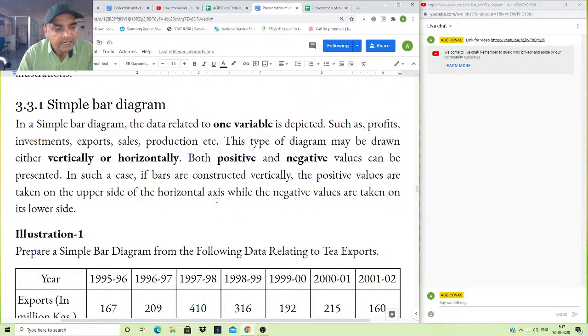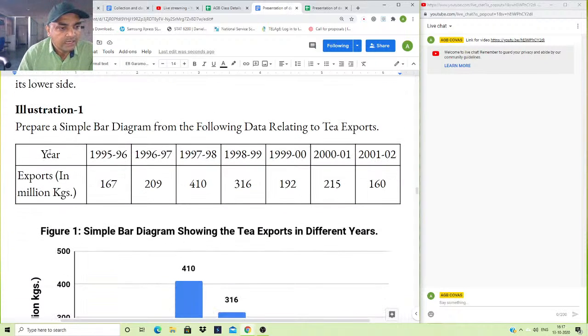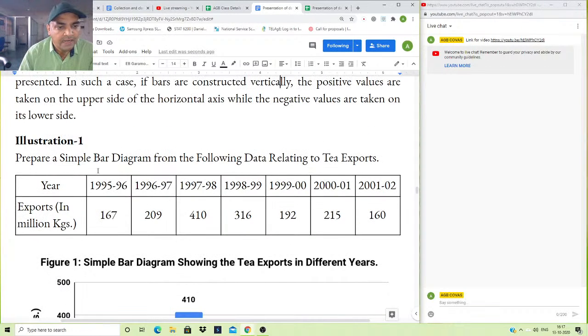Now let us take an example: prepare a simple bar diagram from the following data relating to tea export. We have a table with the year and exports in million kg. Exports in million kg has varied over the years, so it is a variable.